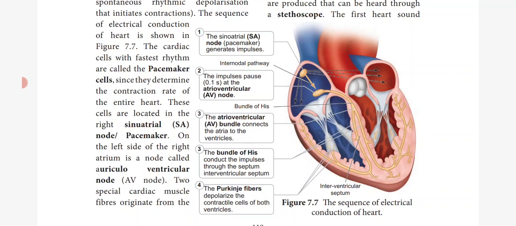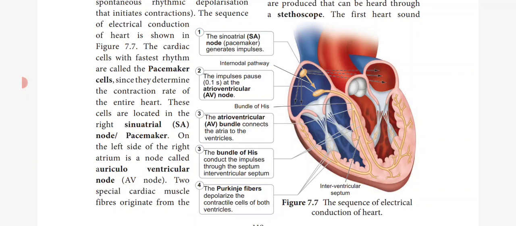Then two special cardiac muscle fibers originate from the auriculoventricular node and are called the bundle of His, which runs down into the interventricular septum, and the fibers spread into the ventricles. These fibers are called the Purkinje fibers.